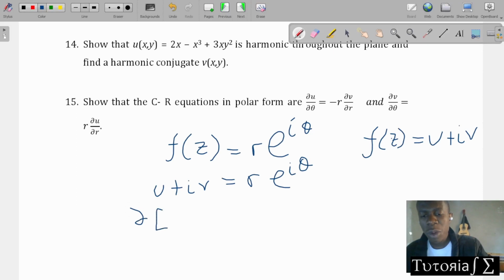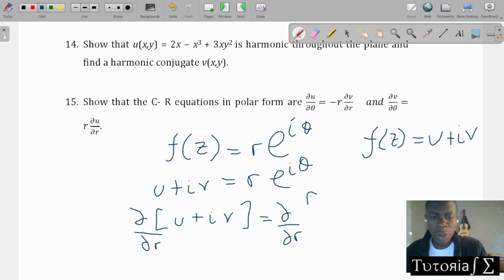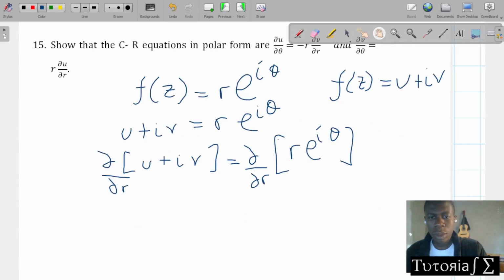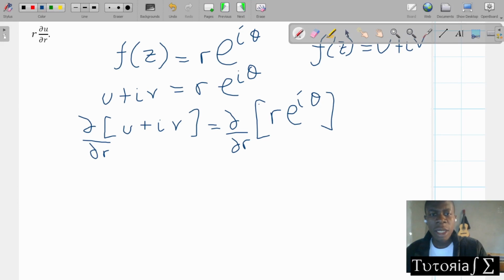Differentiating everything with respect to r, we get u plus iv, everything with respect to r. So du/dr, then the dv part will be i dv/dr.